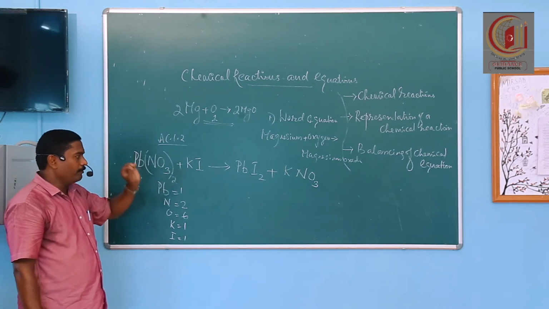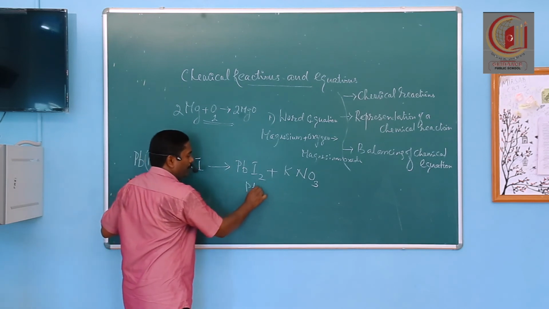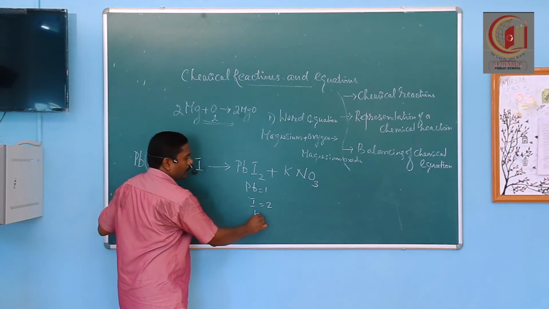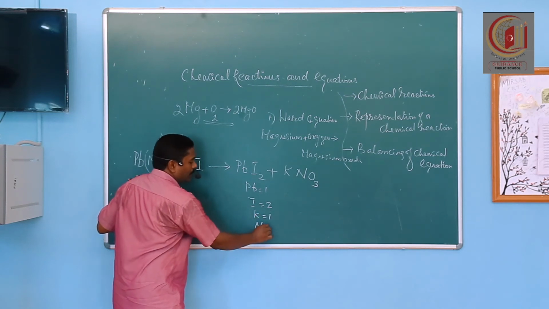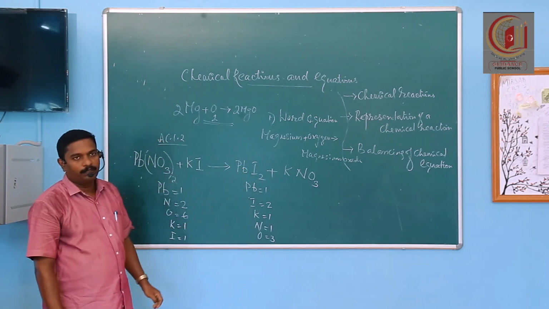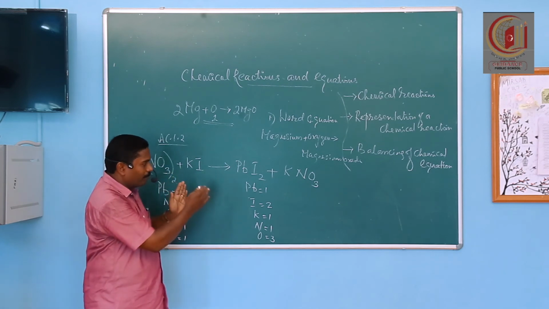Then what's the number of atoms on RHS? Just count: Pb 1, iodine 2, potassium 1, N 1, O 3. What's the difference in the number of atoms?